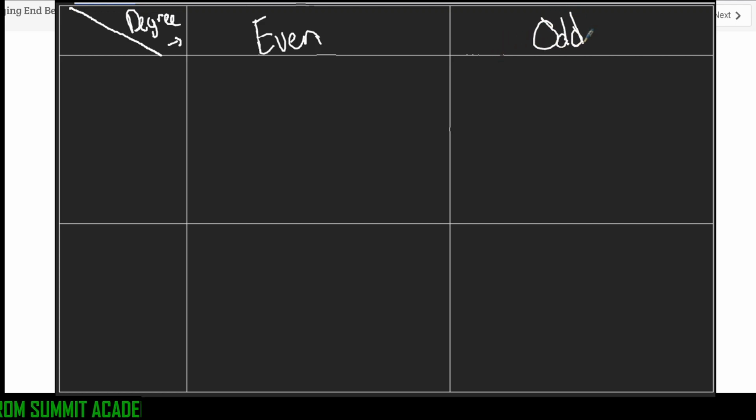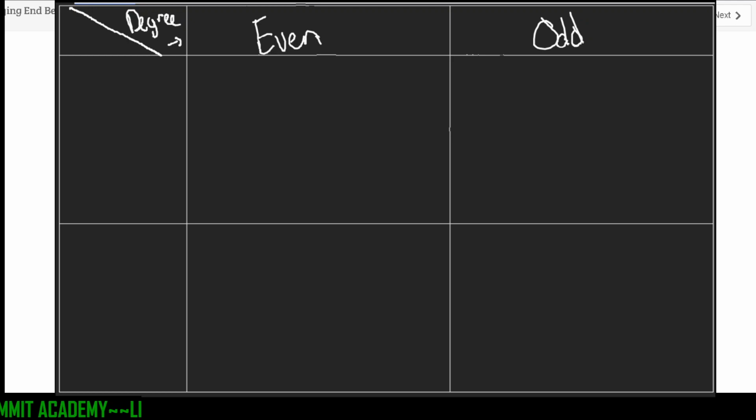I can split this top table across. My degree is going to be this column, and the two choices we have are even and odd. So we're going to have our degree in the top column, and the options for our degree are going to be even, meaning the highest exponent is even, or the highest exponent is odd.